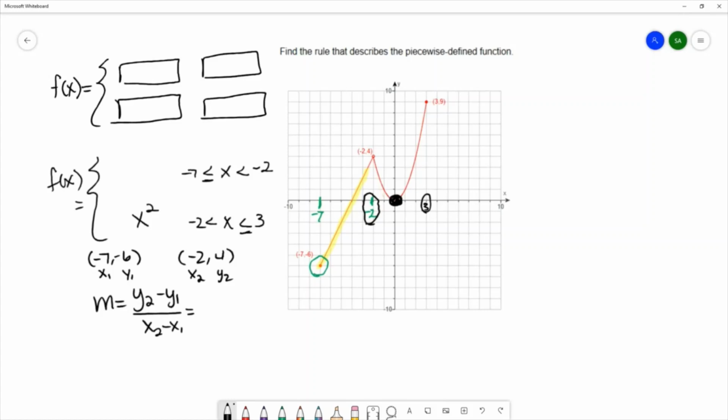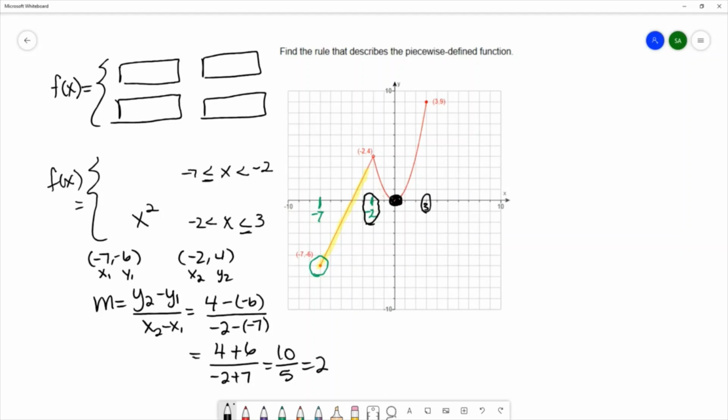So substituting into that formula, I have 4 minus -6 over -2 minus -7. If I simplify, that's 4 plus 6 over -2 plus 7. That's 10 over 5, which is 2. So I have a slope of 2.